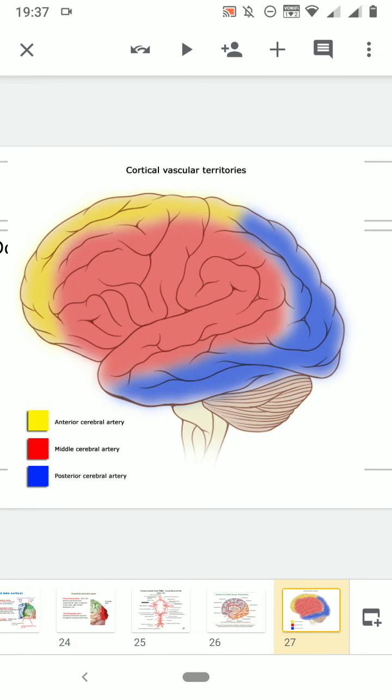Now I have labeled the superior lateral surface as the red color. You can see over here, this is primarily supplied by the middle cerebral artery, whereas in medial surface we saw primarily supplied by the anterior cerebral artery.